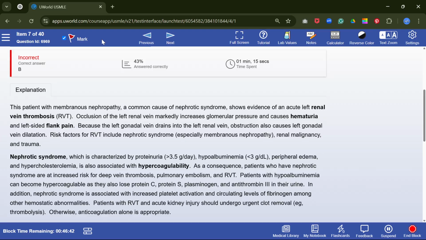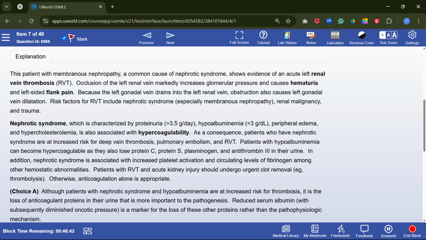In addition, nephrotic syndrome is associated with increased platelet activation and circulating levels of fibrinogen, among other hemostatic abnormalities. Patients with renal vein thrombosis and acute kidney injury undergo urgent clot removal, that is thrombolysis, and anticoagulation is appropriate. Okay.